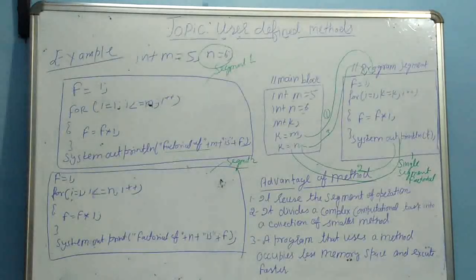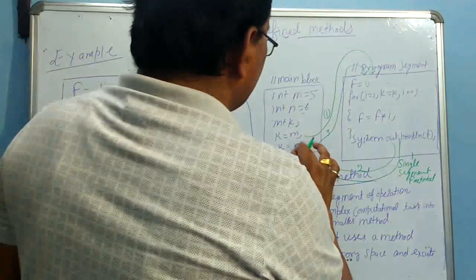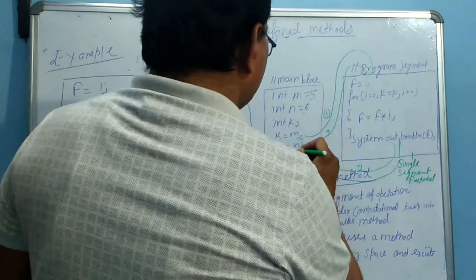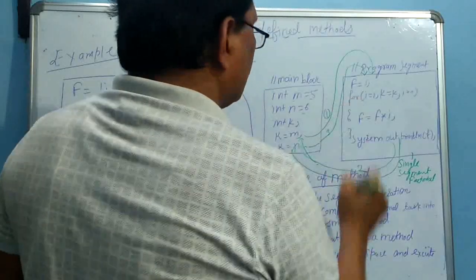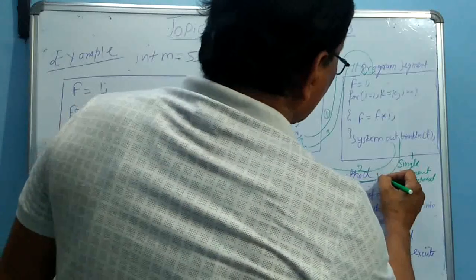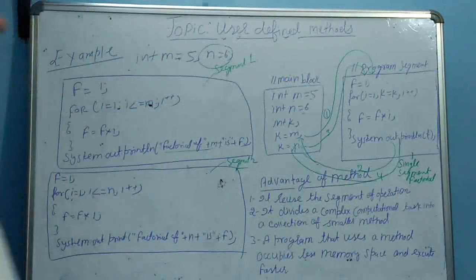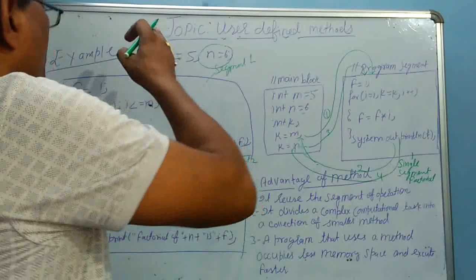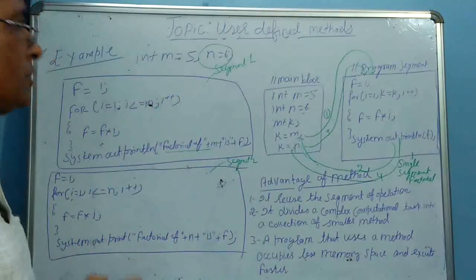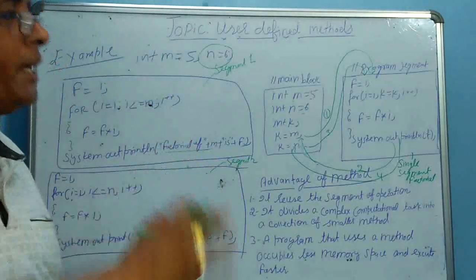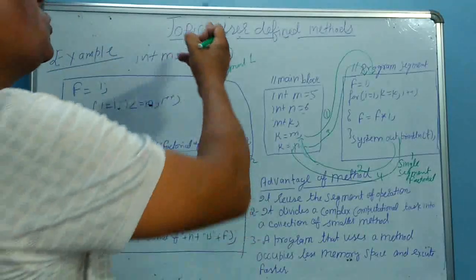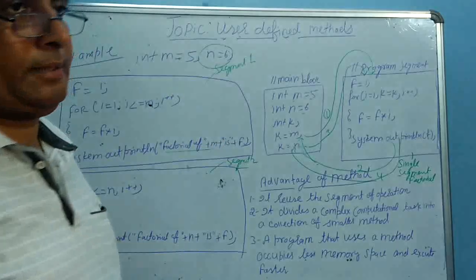So this will go to m and this will go to n, and that will be the 4. So we can say that if you have two short programs, you can make them in a single program by user defined methods.